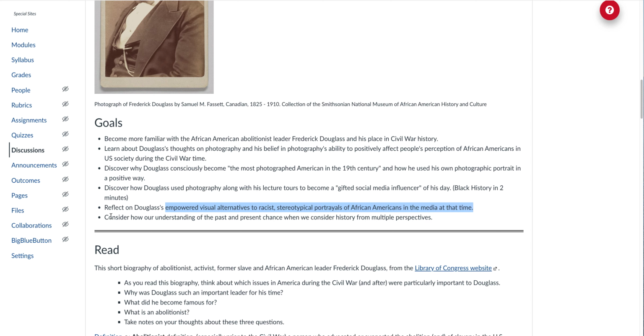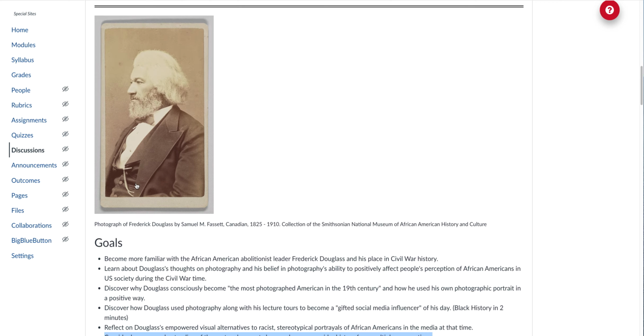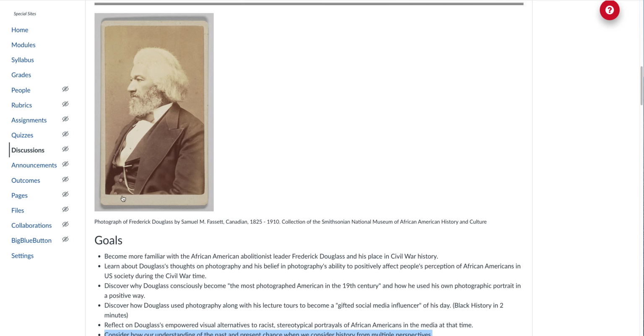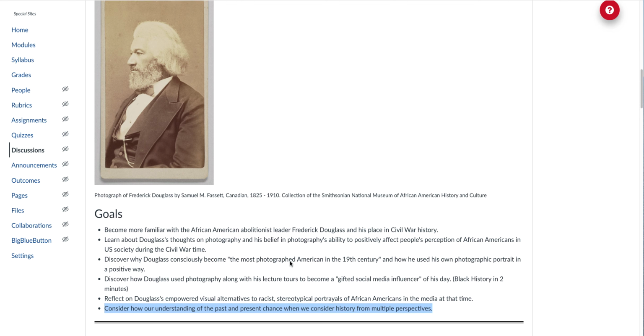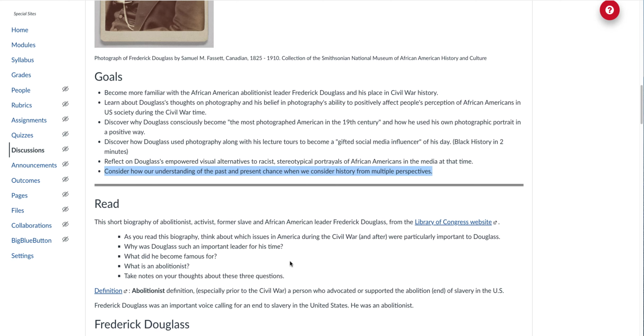And we're going to consider how our understanding of the past and present change when we consider history from multiple perspectives. So for a long time, we really didn't think about Frederick Douglass' role that much. And now we're lucky to have a lot more research done about him and some really interesting books. And so we know more about him.